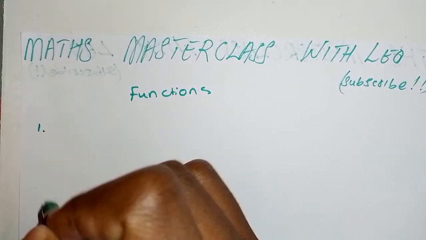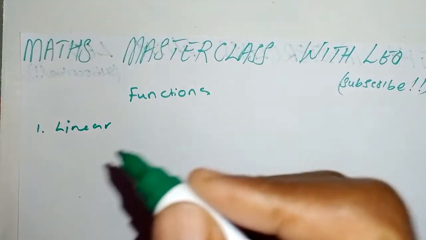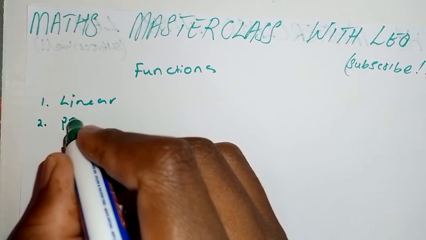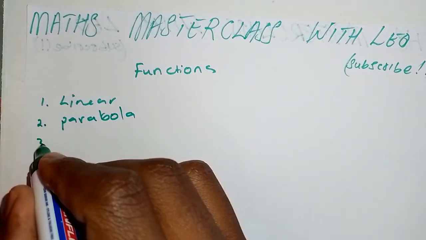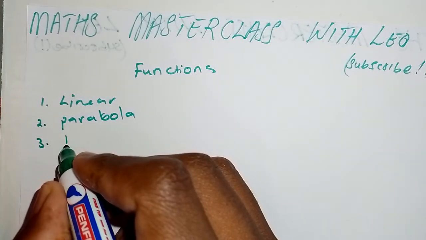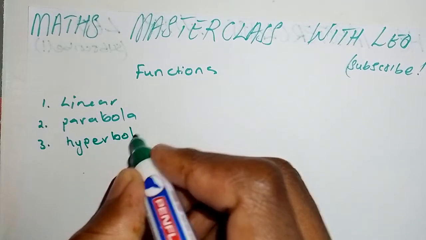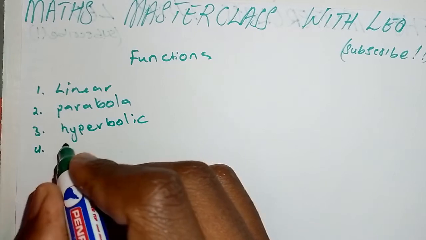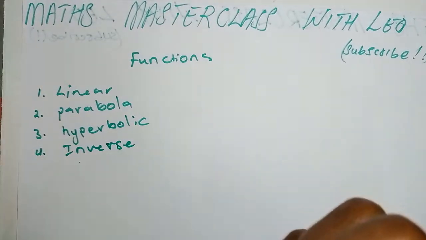The first one is the linear function, which is the simplest, y is equal to mx plus c. The second one is the parabola function. The third one is the hyperbola or hyperbolic function, and then number 4 we have the inverse function, right?